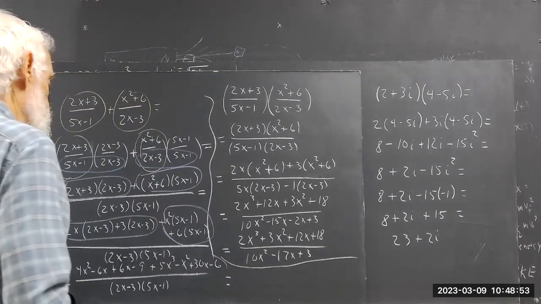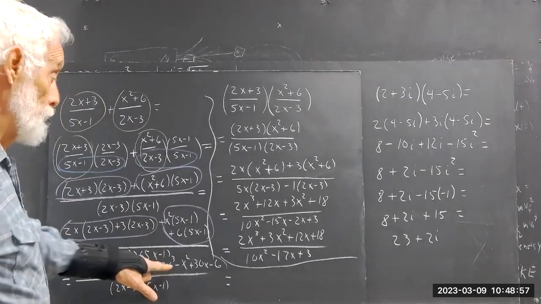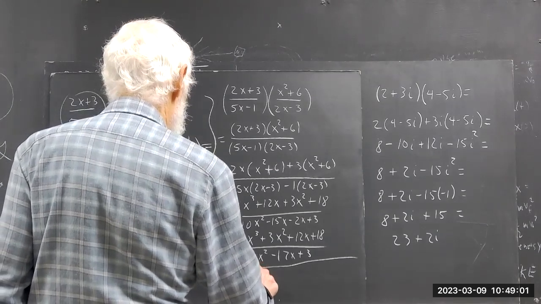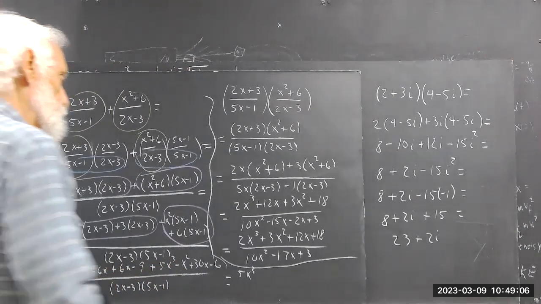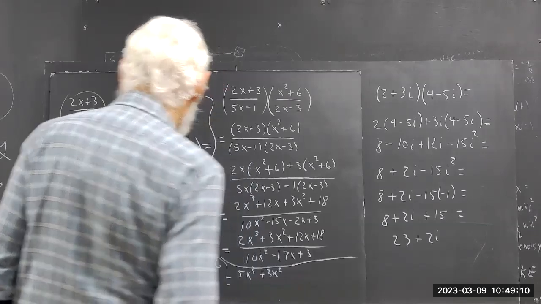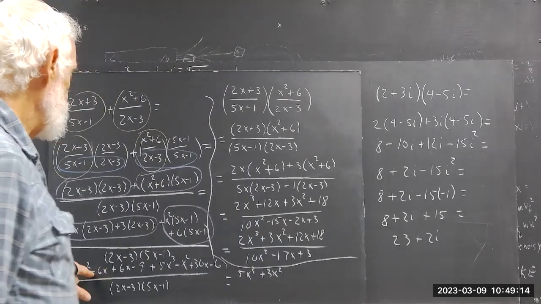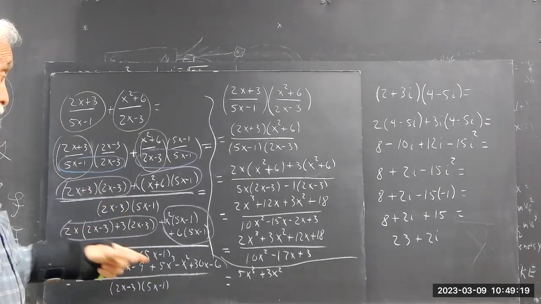Now I write out my terms. I've only got one x cubed term, that's 5x cubed. And then I've got a negative x squared and a 4x squared. I believe that gives me a 3x squared. And I've got a negative 6x and a 6x, which is 0, and a 30x.